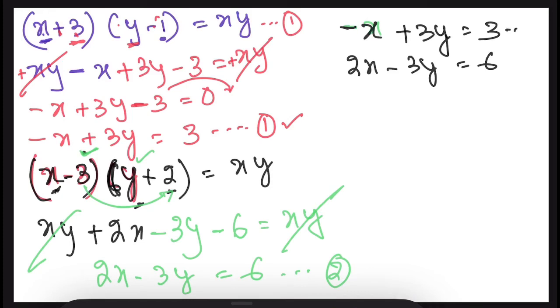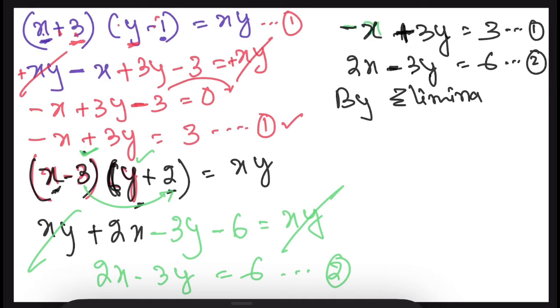First equation coefficient of y is what? 3, and second equation coefficient of y also 3, and the sign is what? Plus and minus. So by adding these things will get cancelled easily. So by elimination method we shall do it.